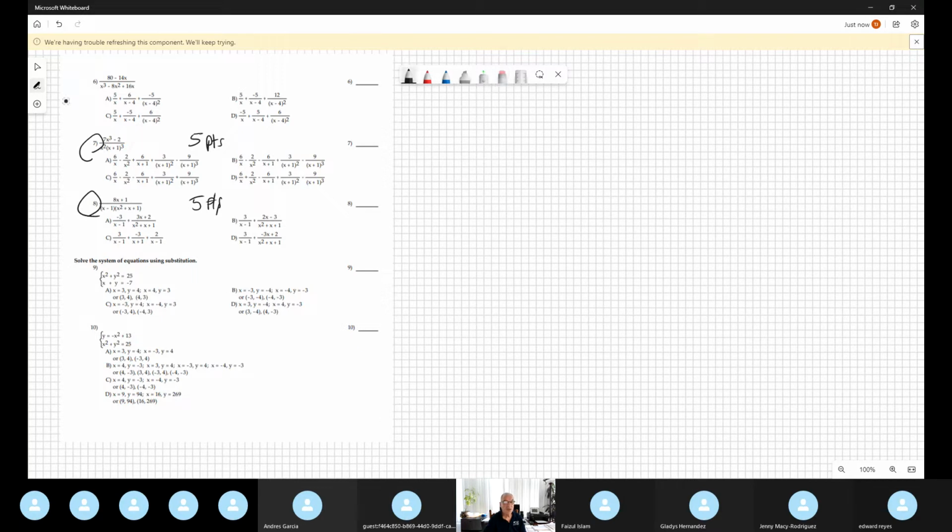Suppose now number 6, basic, we are doing now here. Number 6 is 80 minus 14x divided by x cubed minus 8x squared plus 16x. Wow, the problem is, the other problem was easy because somebody did the factorization of this, but on this, no. I need factorization of the polynomial in the denominator.